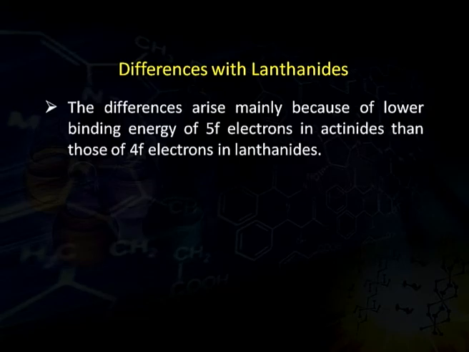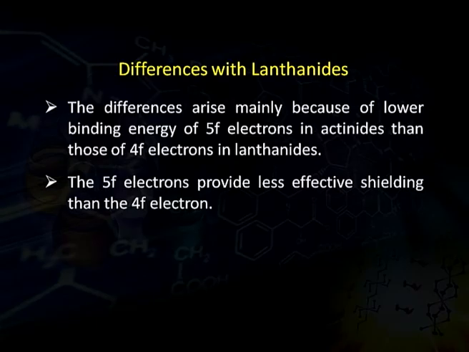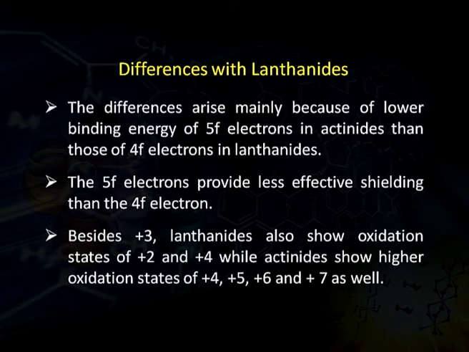The difference arises mainly because of the lower binding energy of the 5f electrons in actinides than that of the 4f electrons in lanthanides. The 5f electrons provide less effective shielding as compared to 4f. That is why the difference is available.